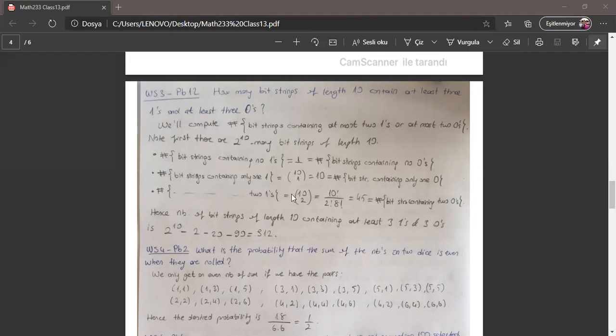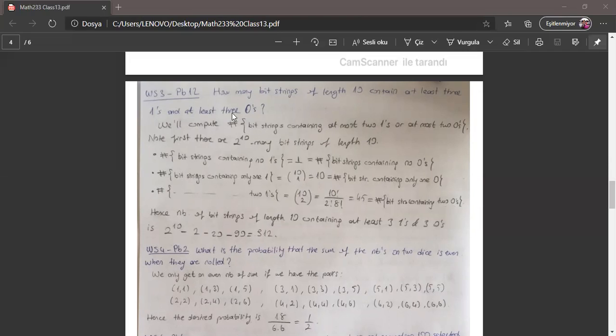The length is 10, we have 10 digits, and we want only one of them to be 1, so we pick one of these 10 digits. So we have 10 in total, and for the other case, same. Now for 2 ones, we choose 2 among 10, so we get this. And for the case where instead of 1 we have 0, it's the same.